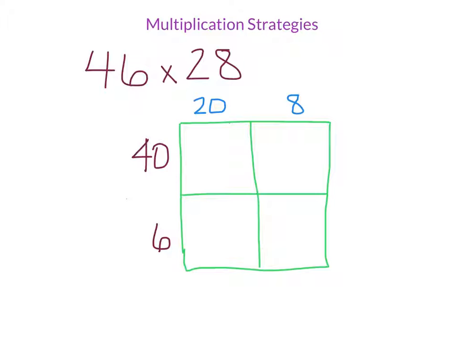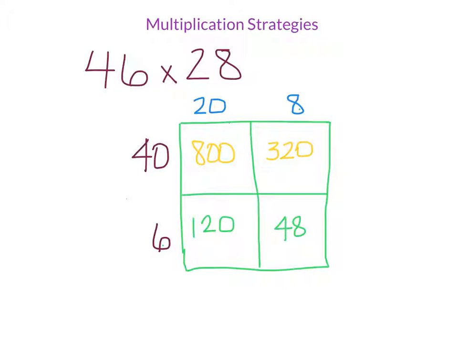Alright, so 40, and now we're just going to multiply everything. 40 times 20 is 800, and then 40 times 8 is 320. And then we're going to go down to the bottom. 6 times 20 is 120, and 6 times 8 is 48.